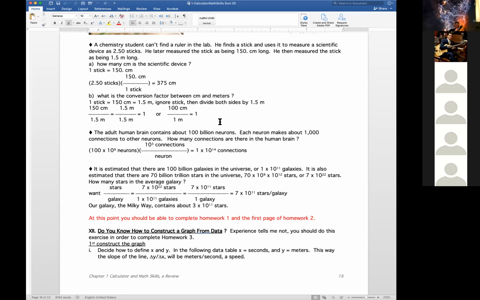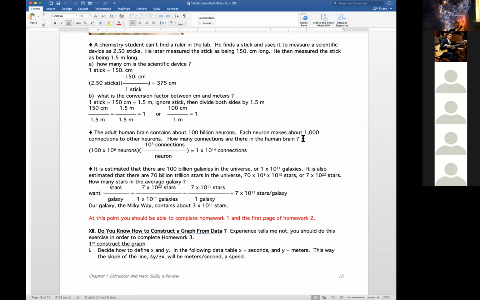So once you understand how the math works, you can apply it to almost anything. The adult human brain contains about 100 billion neurons. Each neuron makes about 1,000 connections to other neurons. So how many connections are there in the human brain?